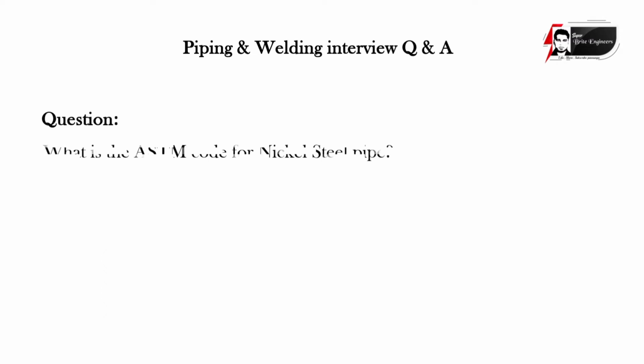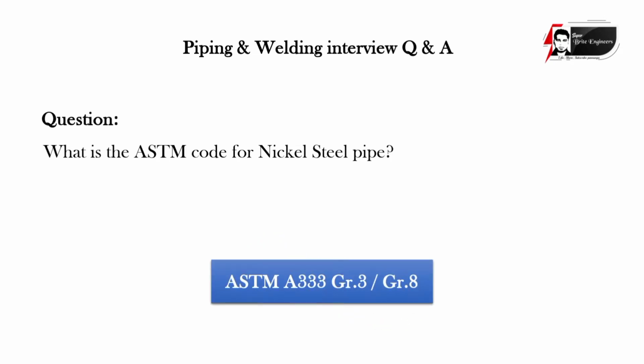What is the ASTM code for nickel steel pipe? ASTM A333 grade 3 and grade 8.